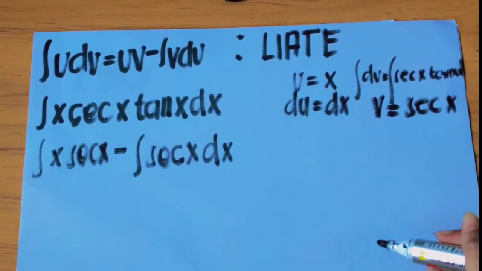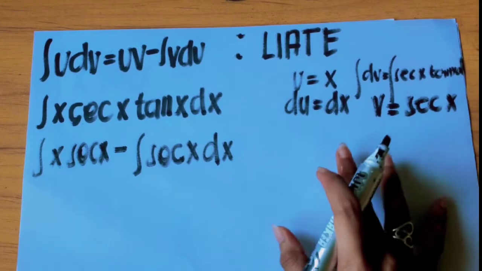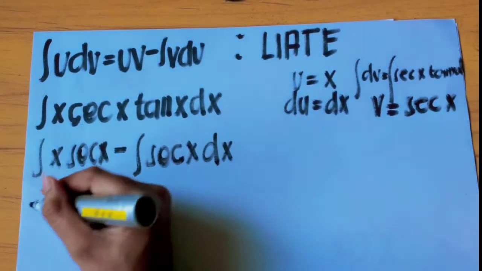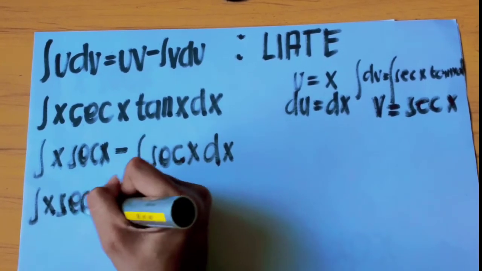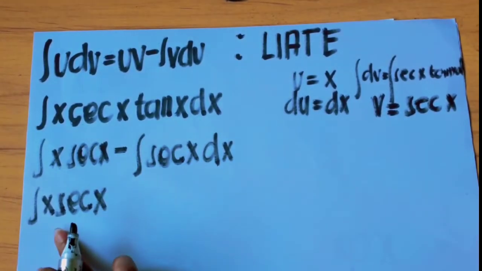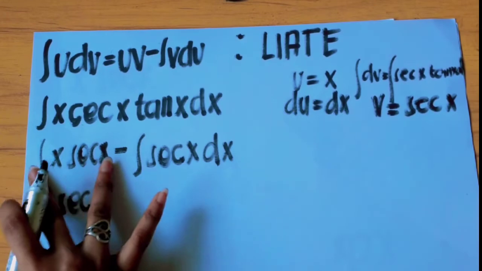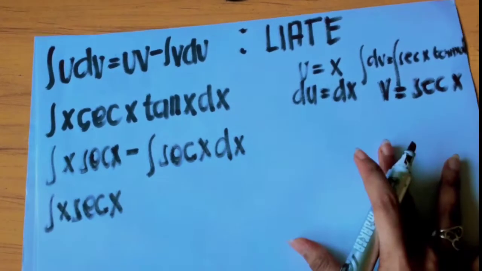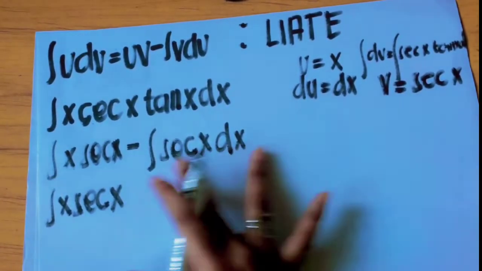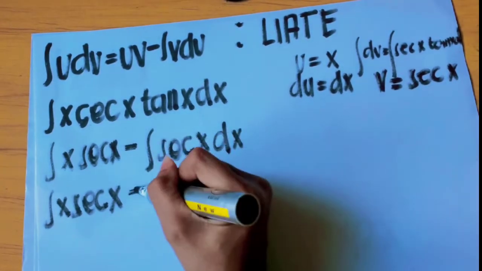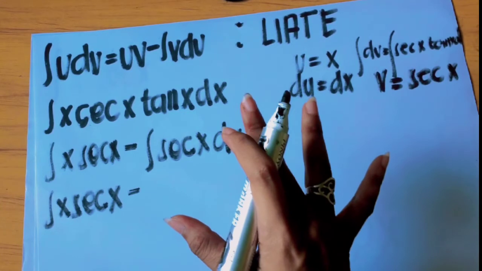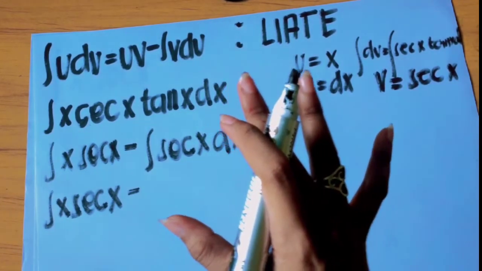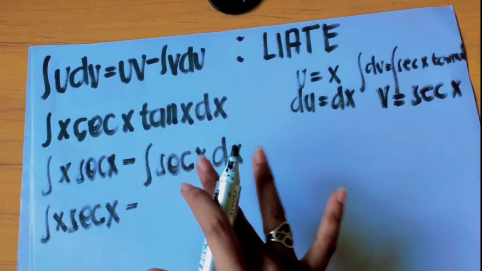So, the next step is kopyahin lang natin, x secant x, kasi na-integrate na ito. Ito, di pa. Focus tayo dito. So, minus, what is the integral of secant x dx?